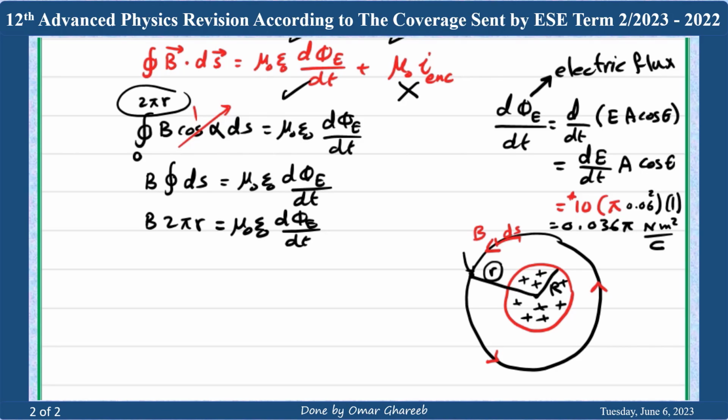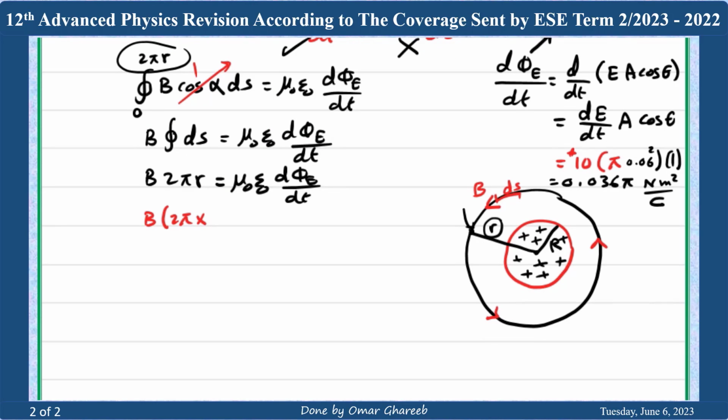Put in the numeric values: B times 2 pi times r small, which is 10 centimeters, so 0.1. Mu naught is 4 pi times 10 to the minus 7.